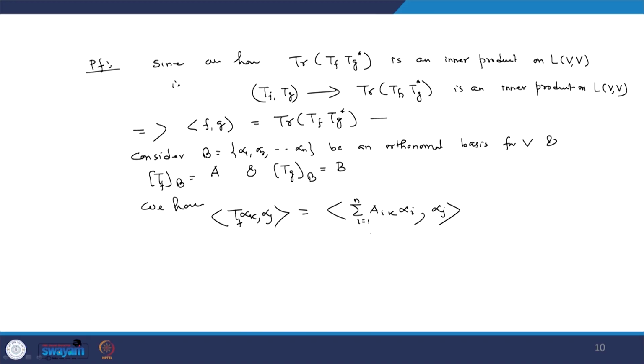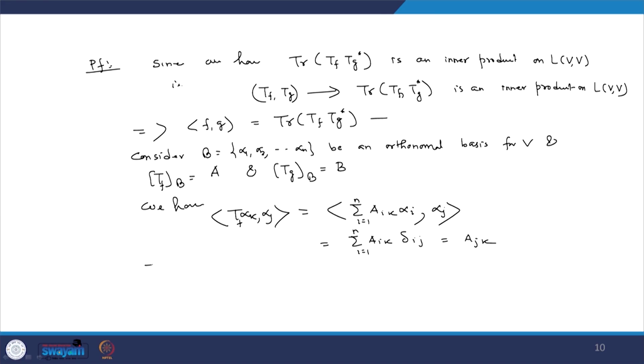So, according to the definition of inner product, this is equal to sigma a_ik delta_ij, i equal to 1 to n. So, this is equal to simply a_jk.